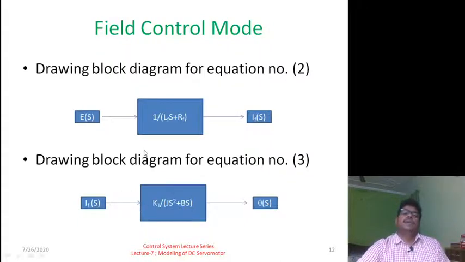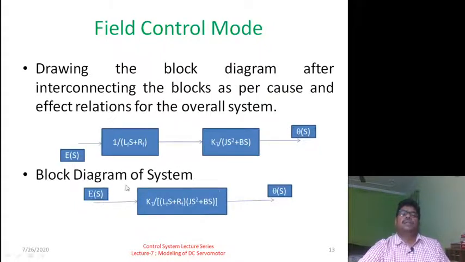So after connecting these two blocks, we will get the system block diagram like this. These two blocks are connected in cascade. Here there will be If. So this is cause, this is effect, and this is cause, and this is effect.